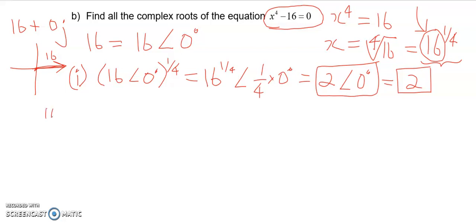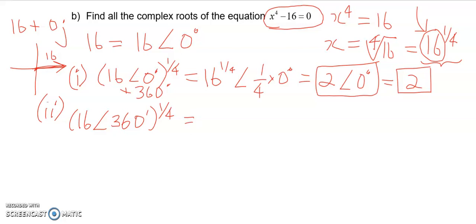Now we have to calculate 3 more roots. And remember the technique we use to calculate the other 3. You basically add 360 to the angle that you used in your first calculation. So the next calculation is 16 angle 0 plus 360, which is 360. And you raise that to the power of 1 over 4.